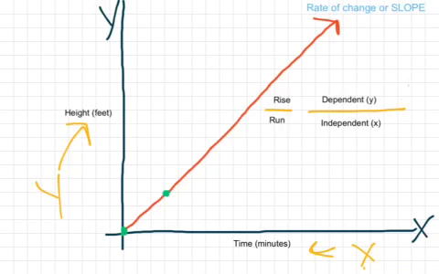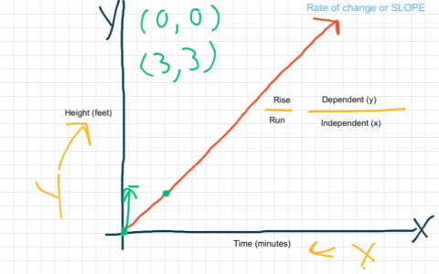So let's go back to those 2 points. We had 0, 0, and 3, 3. Now, if we look back at our graph, our change in our dependent, or our y, he goes up 3 feet. That's our rise.